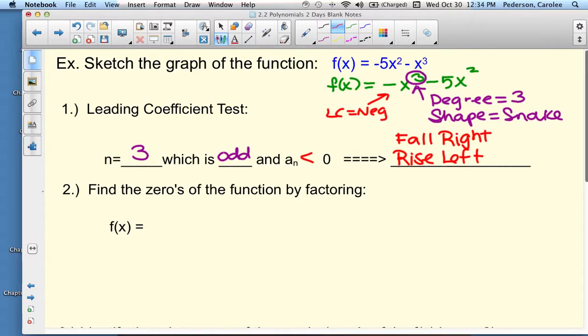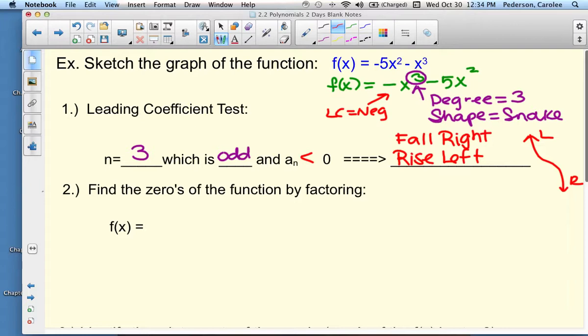So it's going to look something like this. We're rising on the left-hand side, and then it's going to fall on the right. Here's our left, here's our right. It's going to look something like that.